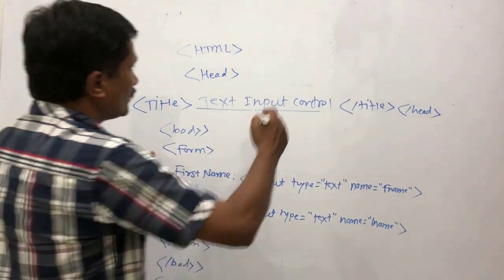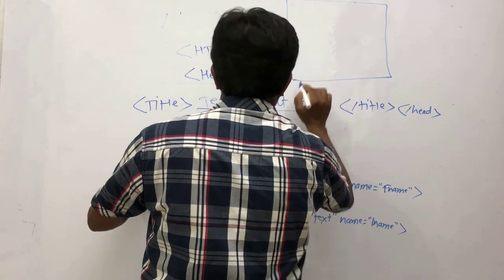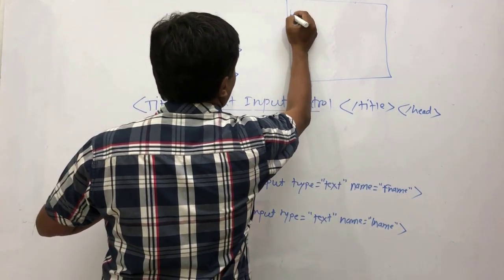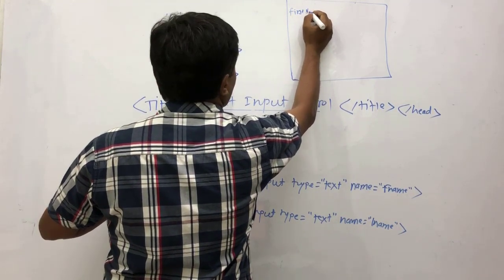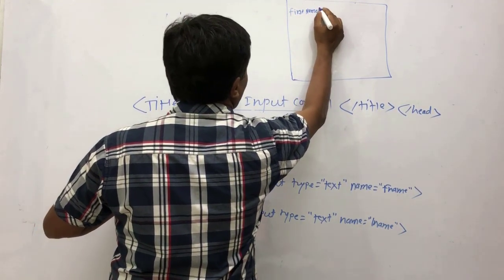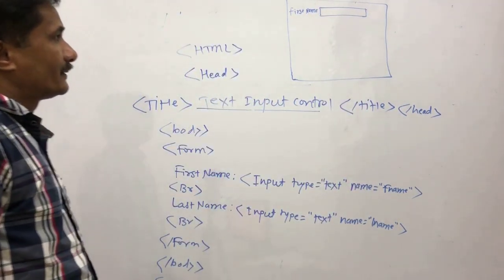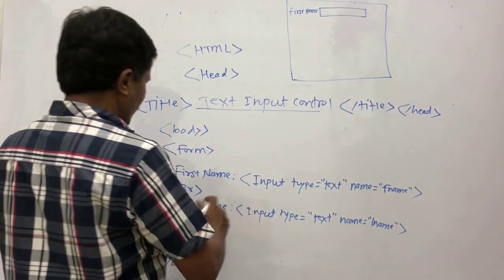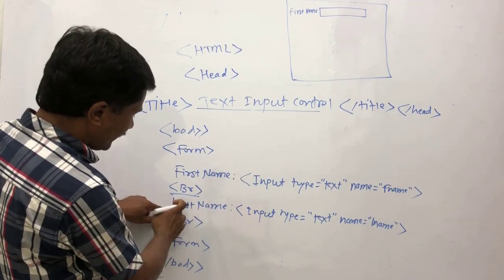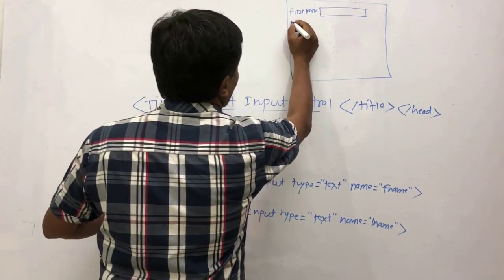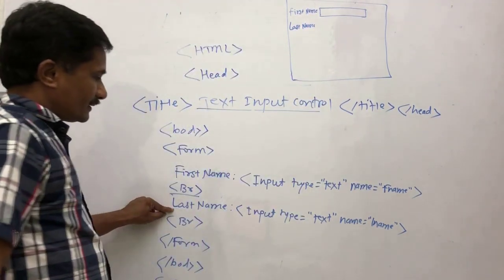The output of this form is displayed like this. Here it displays first name, and then the text box. Then you use the br tag, which means break line. After the break line you write last name.